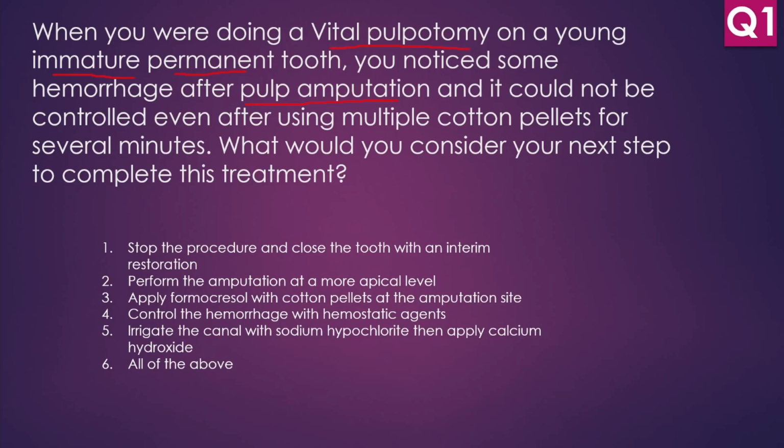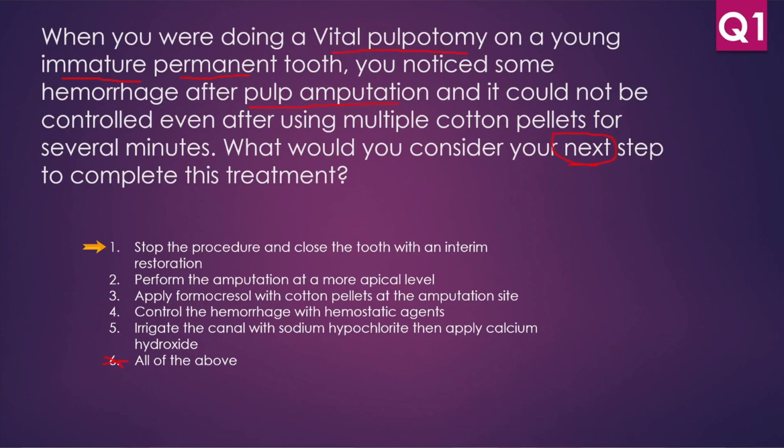So they are just asking the next step, not the whole process. So which means you cannot select multiple things, because they're just asking for the next step. Can you just stop the procedure and close the tooth with an interim restoration?